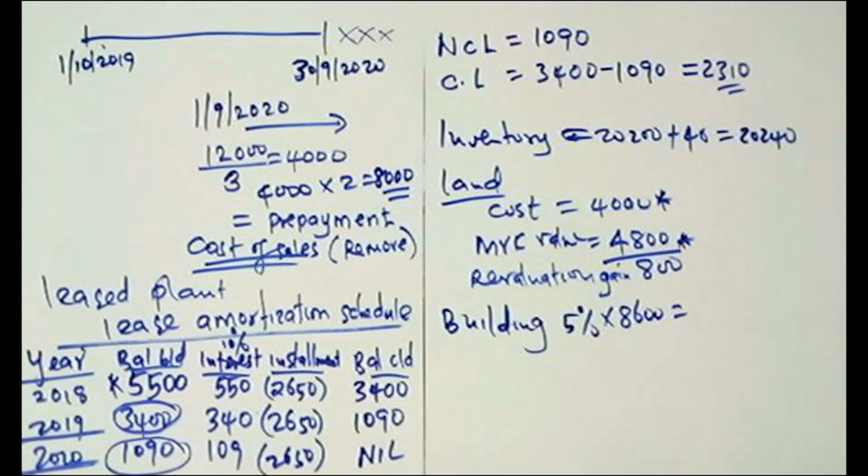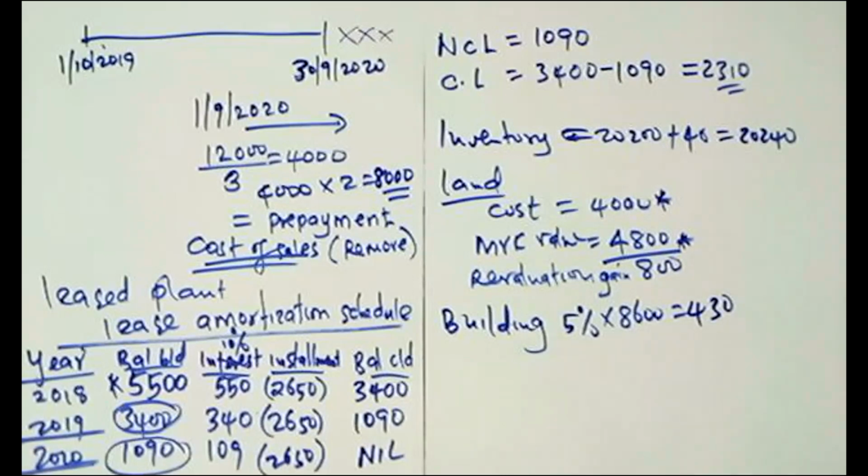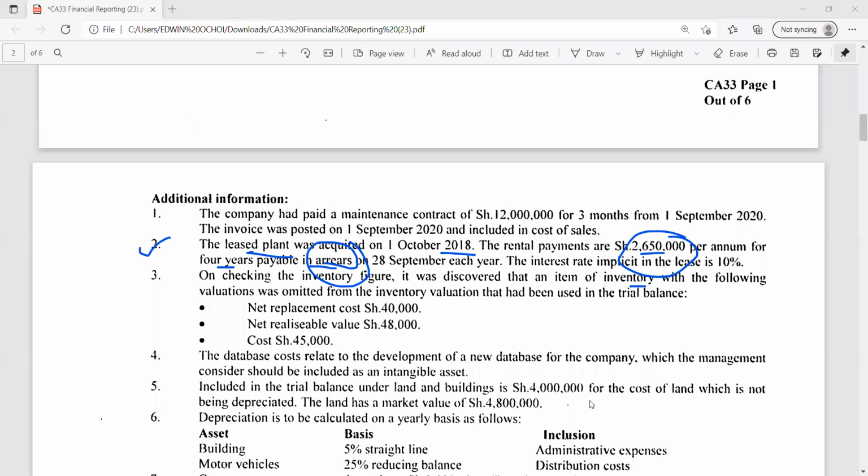I think you are seeing where the figures are coming from. So this is 430, and when we are classifying the expenses, where do you take it to? You take it to administrative.